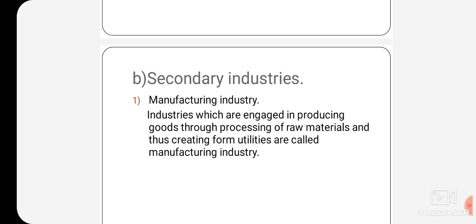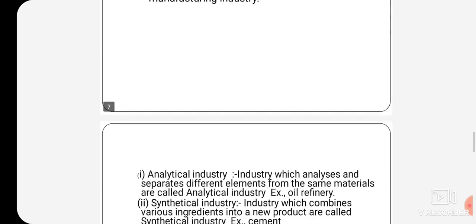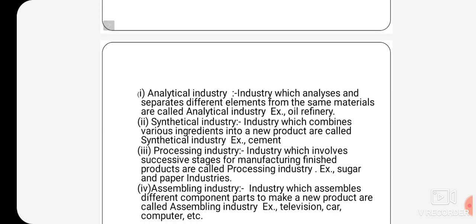Further, this manufacturing industry is studied under four heads, that is analytical industry, synthetical industry, processing industry, and assembling industry. What do you mean by analytical industry?